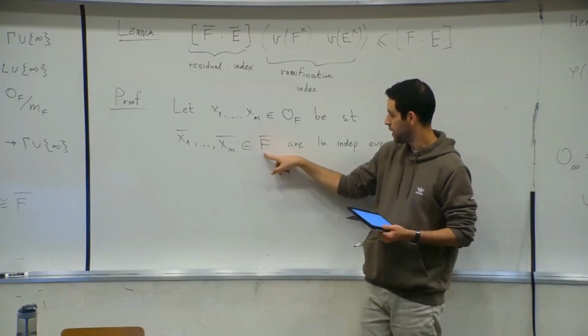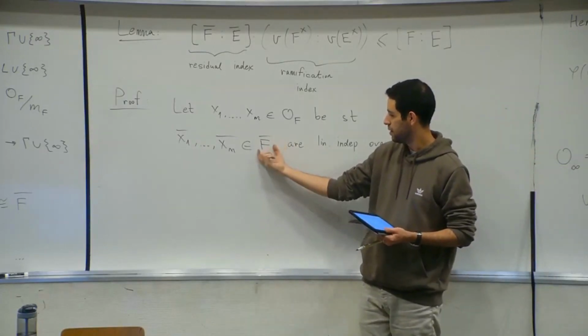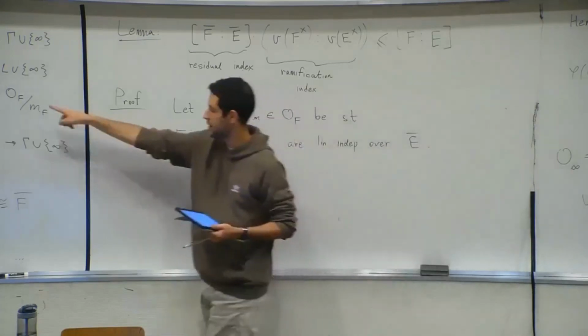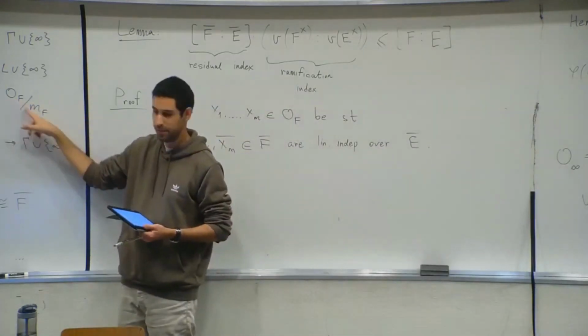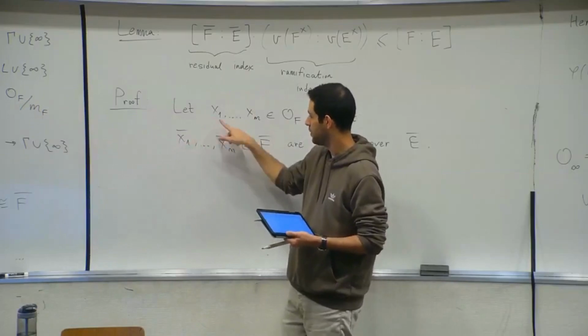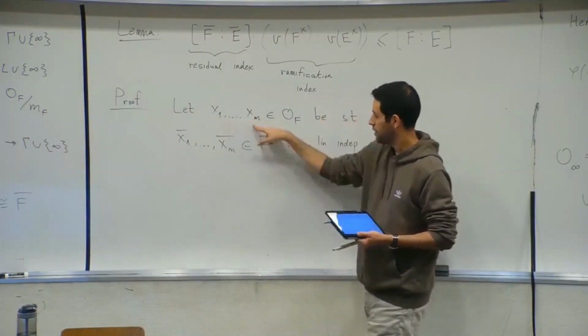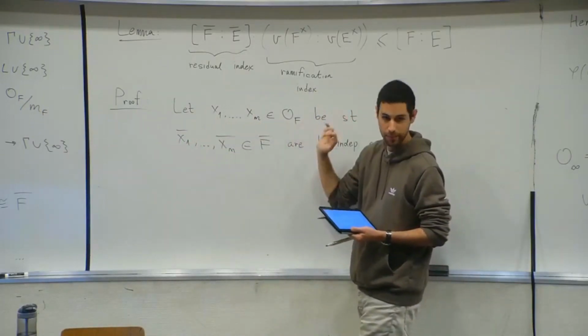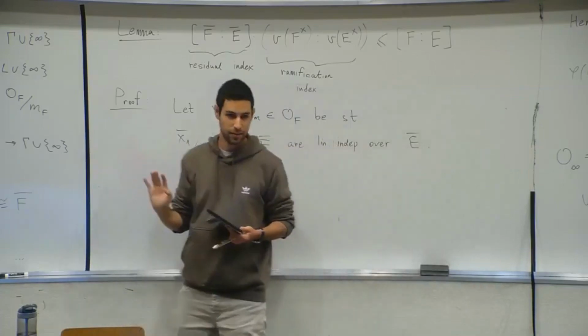And what are the elements of F bar? They are just cosets in this ring, the residue field. So we can call them the cosets of x1, x2, up to xm, where the x's are in O_F.